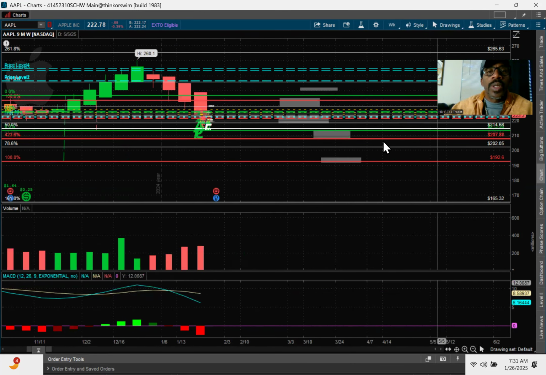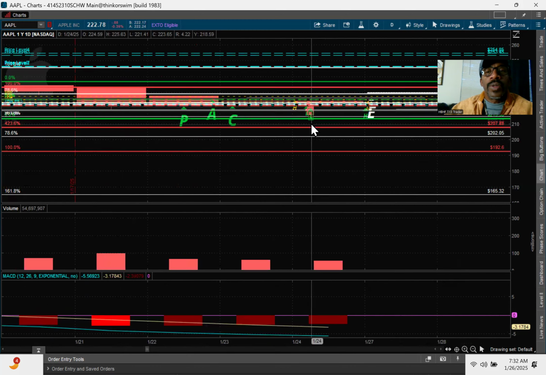I would have come back and done a Fibonacci here, but you can see that it already covered all of my bases for support and resistance, and I don't have to do overkill. Then we went to the daily chart, and again I'm looking over.